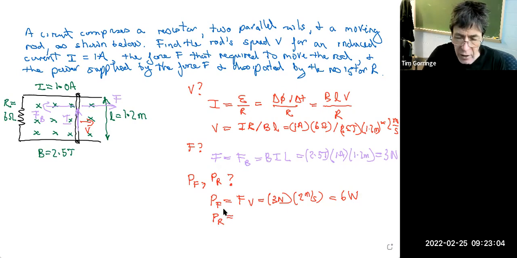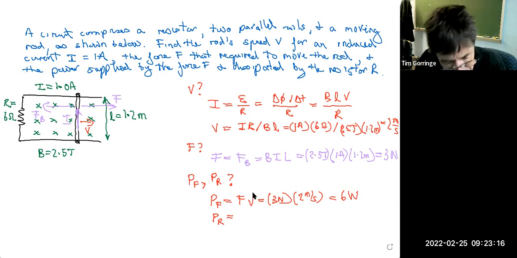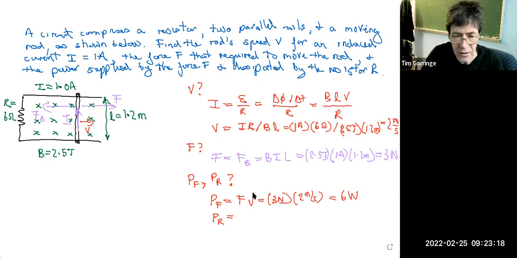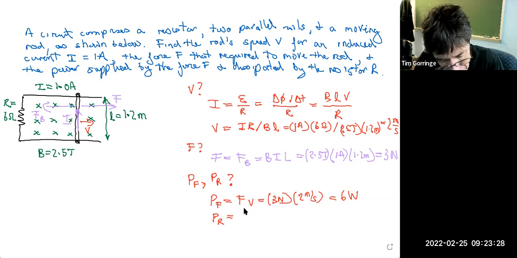And when a voltage is applied across a resistor and current flows through it, there is power dissipated in the resistor. It's power that goes into thermal energy, into heat. The resistor gets hot. And there are several ways you can write that. You can write it as the current times the voltage across the resistor, in terms of the voltage and the resistance, or in terms of the current and the resistance.